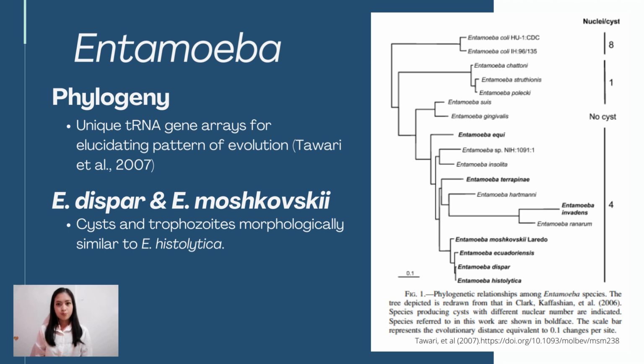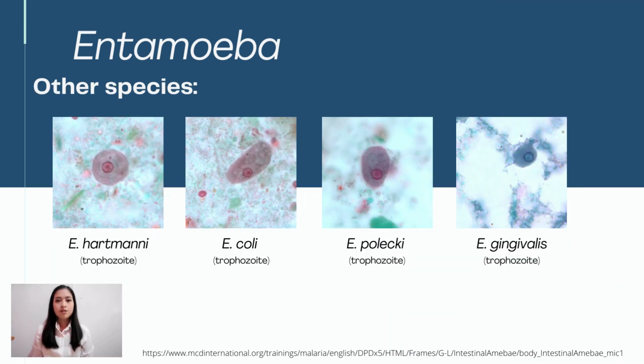Similar to Entamoeba dispar, Entamoeba moshkovskii is also non-pathogenic, although it can also establish in humans and has been found to induce diarrhea in Bangladeshi children, as well as diarrhea, bloody stool, and weight loss in susceptible mice.